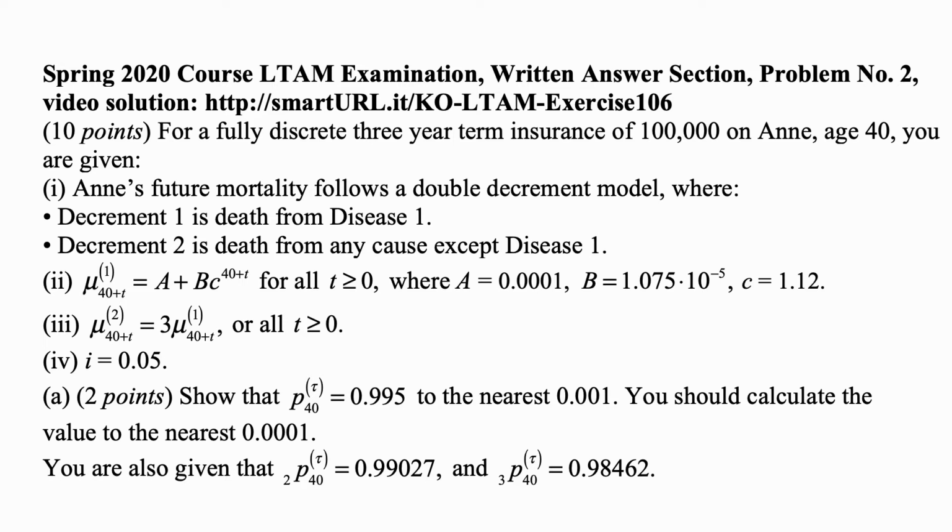Question A. Show that p40 tau is equal to 0.995 to the nearest 0.001. You should calculate the value to the nearest 0.0001. You are also given that 2p40 tau is 0.99027 and 3p40 tau is 0.98462.